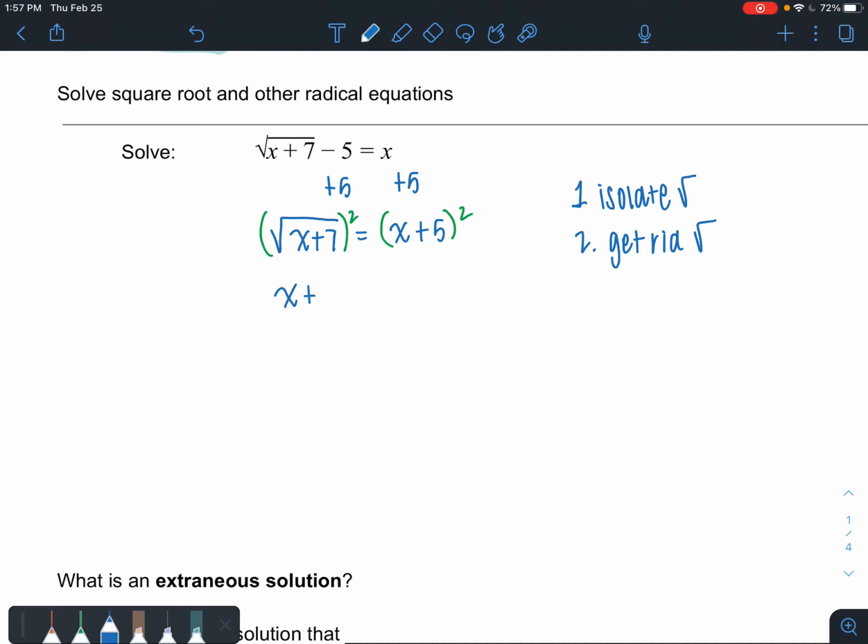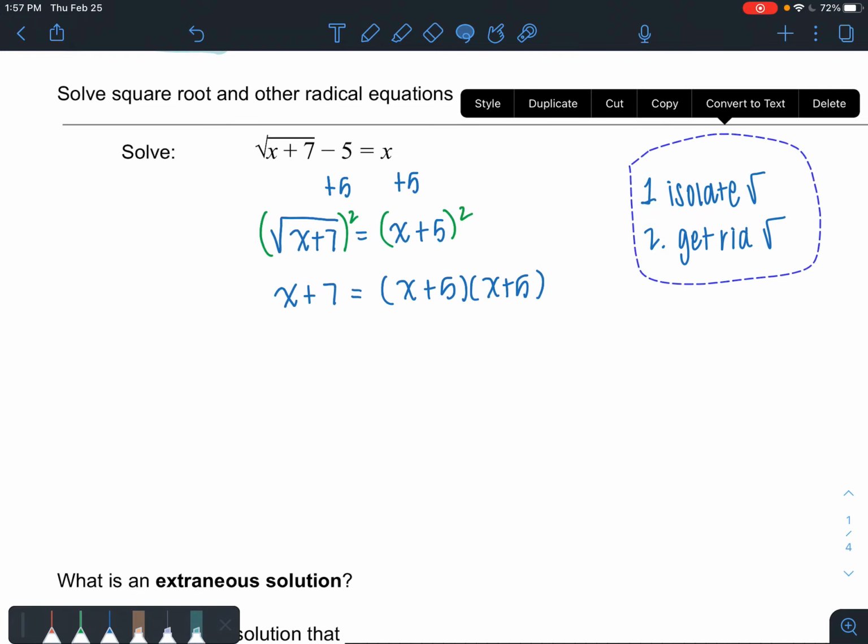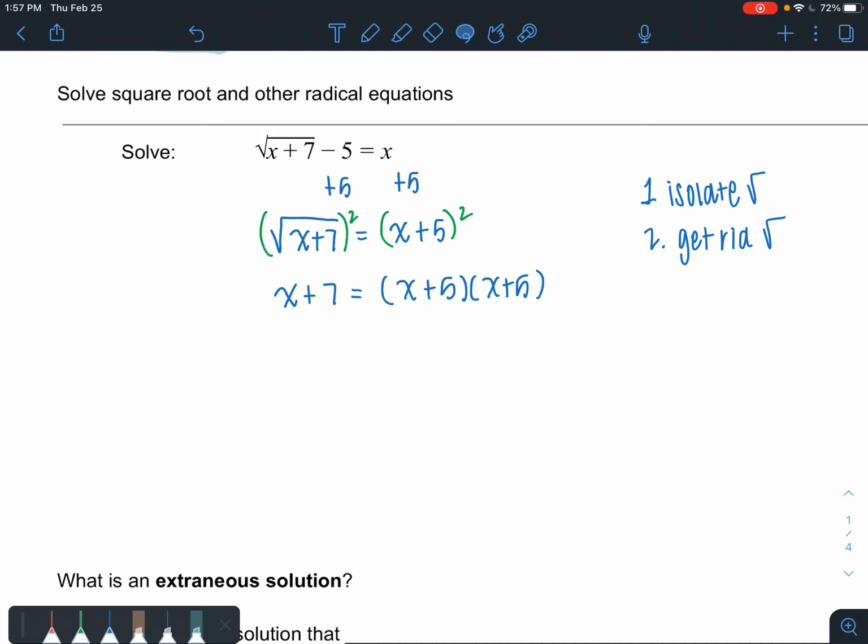So I have x plus 7 equals x plus 5 times x plus 5. That's what the square means. After that, I'm going to expand by foiling.